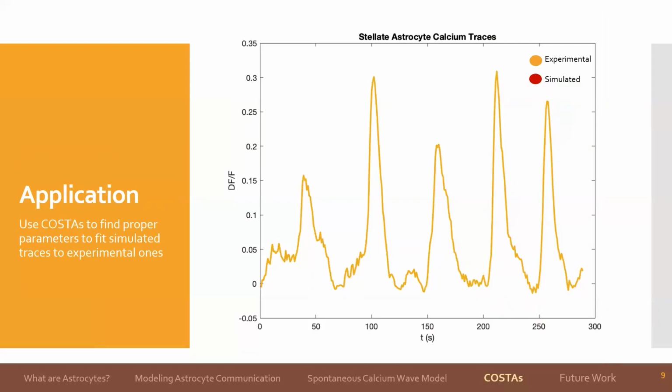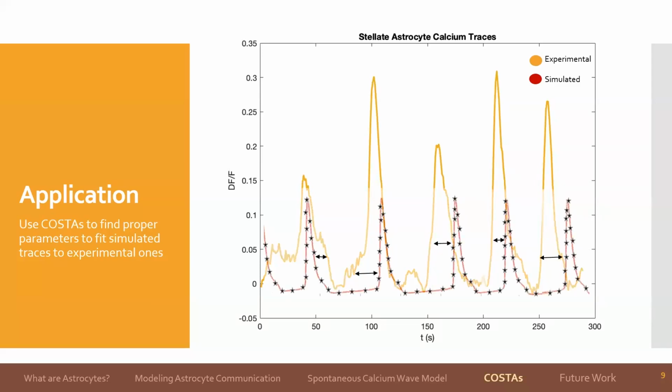Some applications of COSTIS: we want to use some function fitting techniques to actually take those experimental calcium traces, this is the one that I showed you earlier, and match it to the model in COSTIS. And so how do we do this?